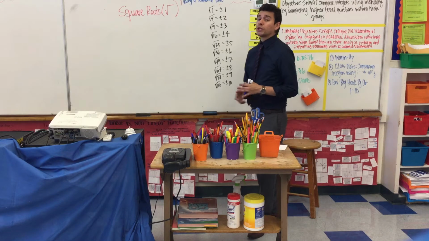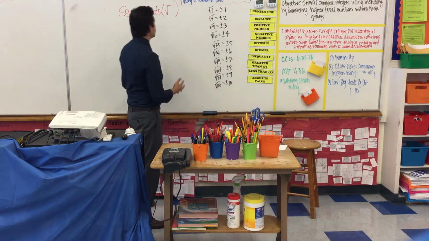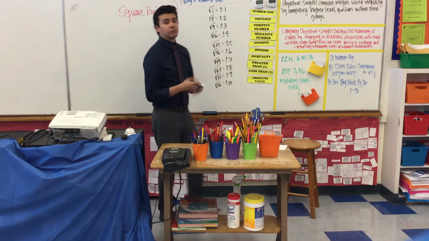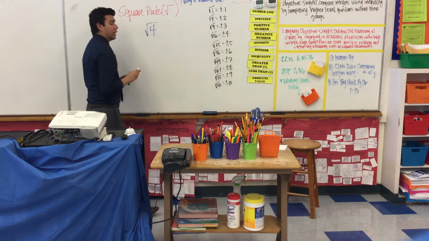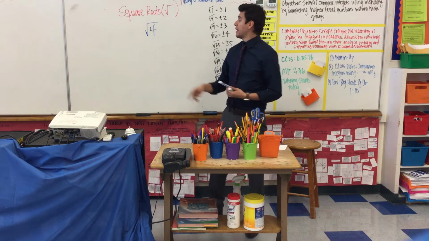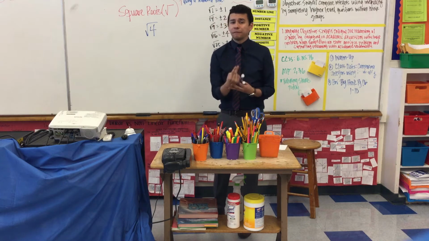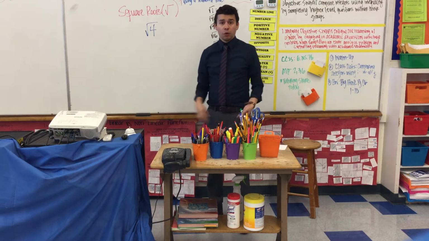Okay, so let's go over what a square root is. Let me give you an example. Square root of 4. What it's pretty much saying is, what are two numbers that are the same, that when you multiply them, give you 4?